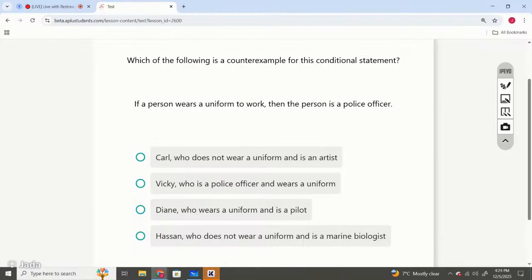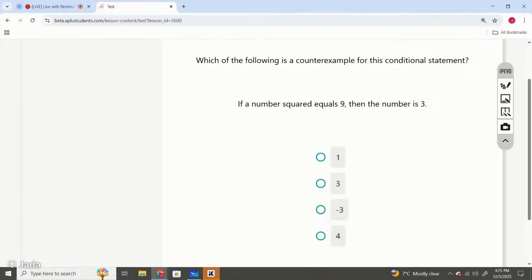Vicky, who is a police officer and wears a uniform. Dane, who wears a uniform and is a pilot. Hassan, who does not wear a uniform and is a marine biologist. That is Dane. He wears a uniform, which means the hypothesis is true, but he is not a police officer. So option number three is the correct option.